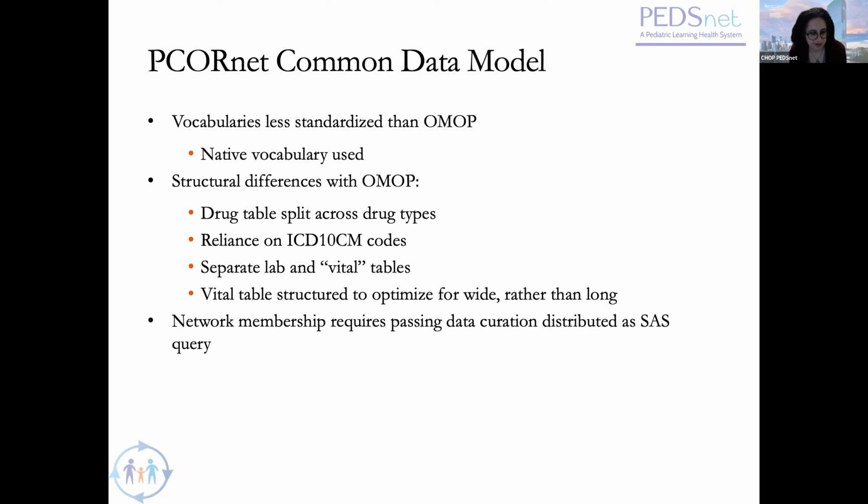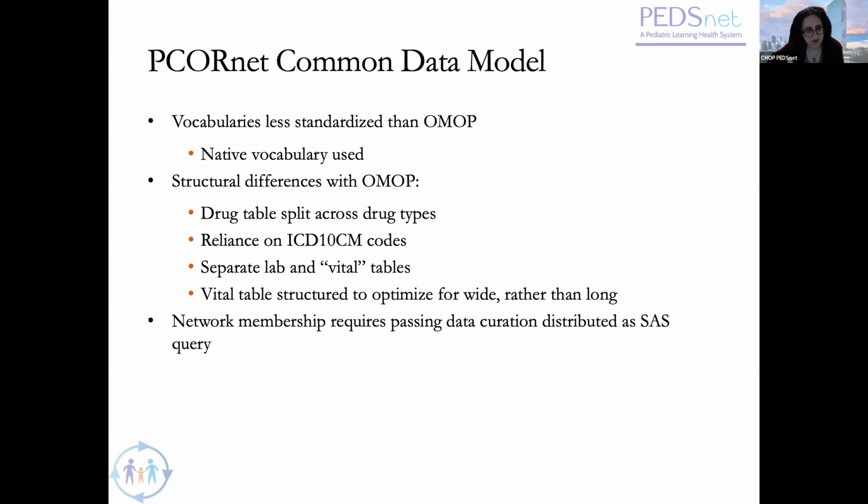For example, in OMOP, all conditions are standardized to the SNOMED ontology, whereas in PEDSnet, there's more of a reliance on pulling whatever is from the source, as long as it's a standardized vocabulary: ICD-10, SNOMED, and so on. Though in use most of the time, PEDSnet relies on ICD-10.